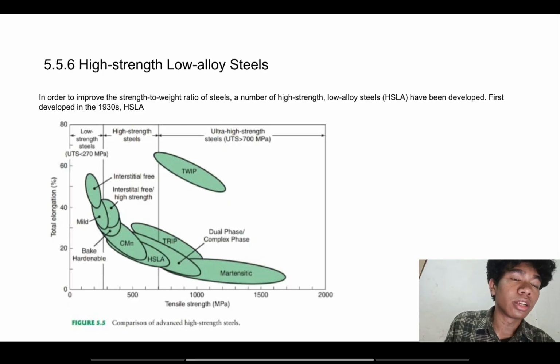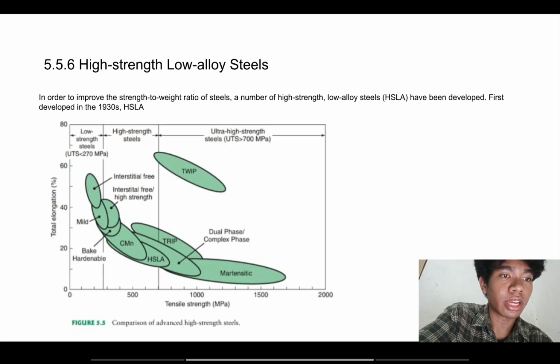The higher the total elongation is, the lower the strength of the material or the steels, such as the interstitial free, and the more ultra high strength material is, the more tensile strength or MPa, in the martensitic. So as you can see here, the HSLA is in the middle of high strength steels.